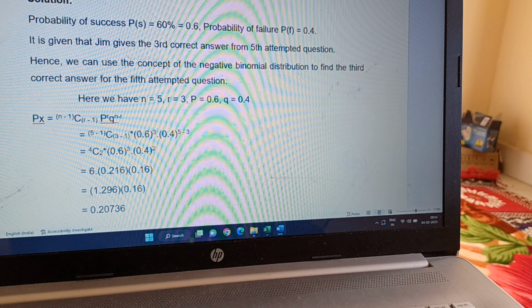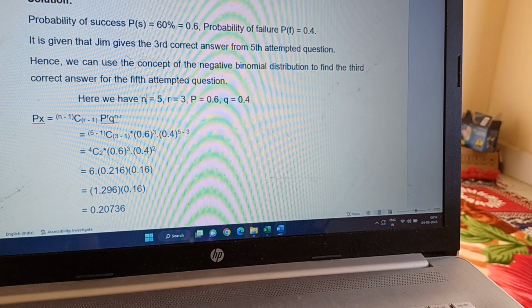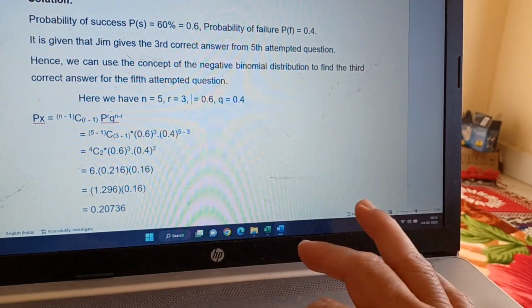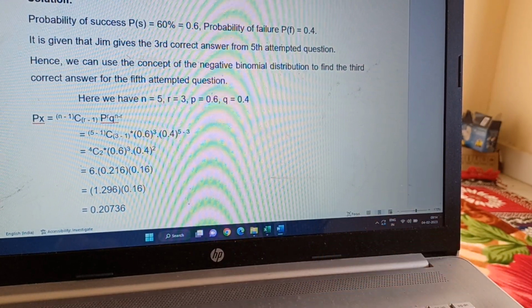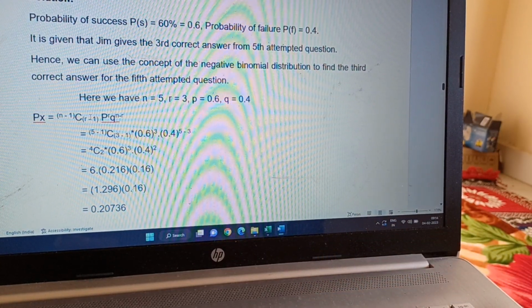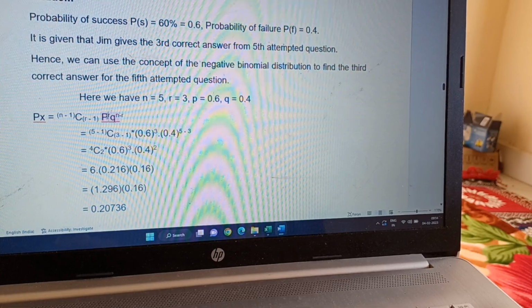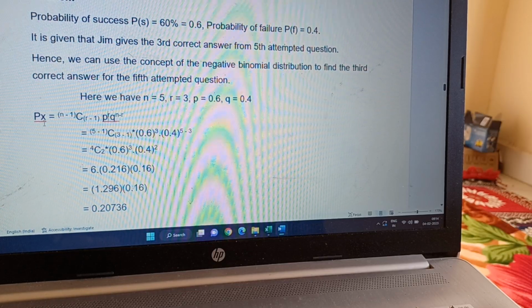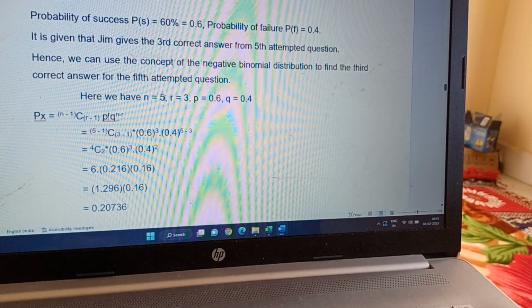That is, the probability is asked, not expected to be correct, but the probability of getting the third correct. That is what is being asked. And p is 0.6, already given. Let me write it as a small p because large P is the entire answer. And we use the formula. So n minus 1 means 4.